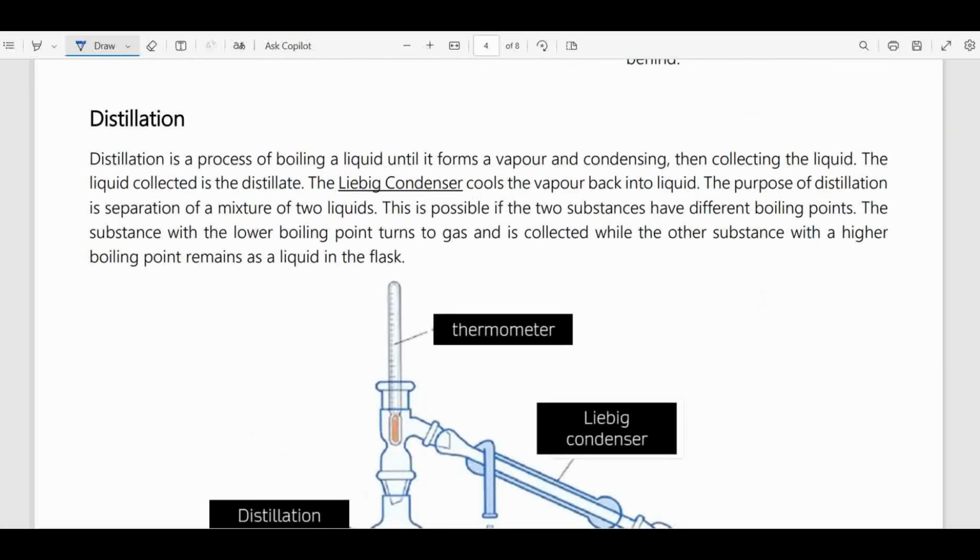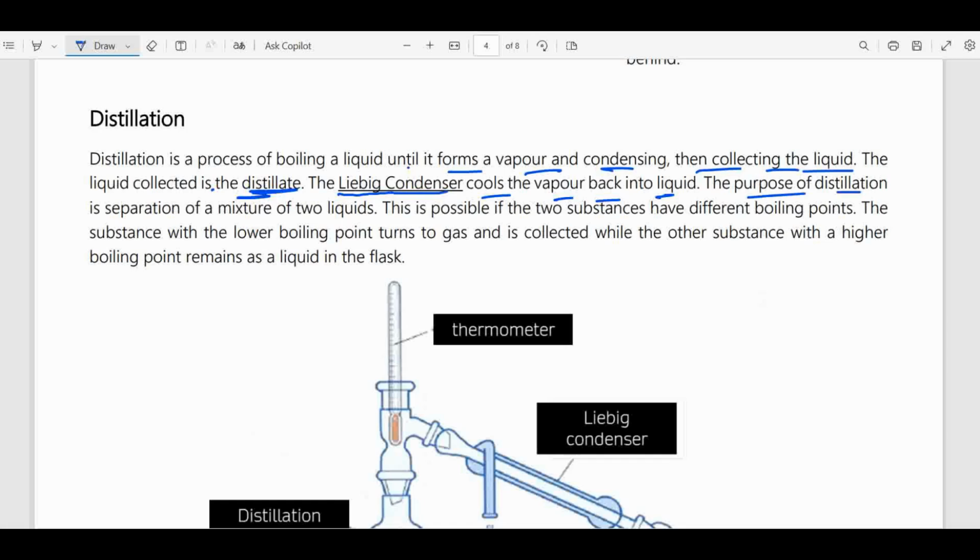Now, talking about distillation, it's a process of boiling a liquid until it forms vapor and condenses, then collecting the liquid. So the liquid collected is the distillate. In the laboratory we have what is called the Liebig condenser that cools the vapor back into liquid.